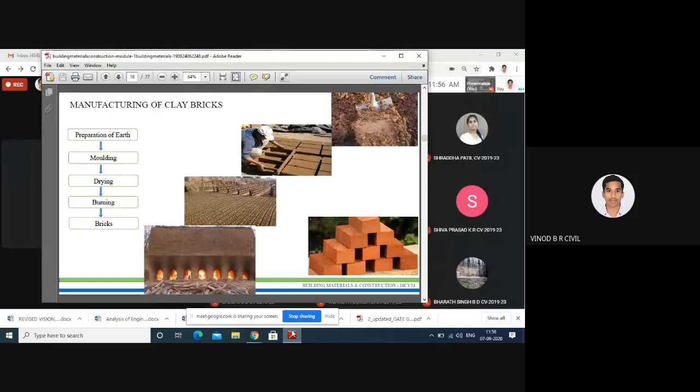Second class bricks, we can use for non-load bearing walls, for partition wall construction, less important masonry. And third class bricks, we can go for mass construction, passage construction or culvert construction.